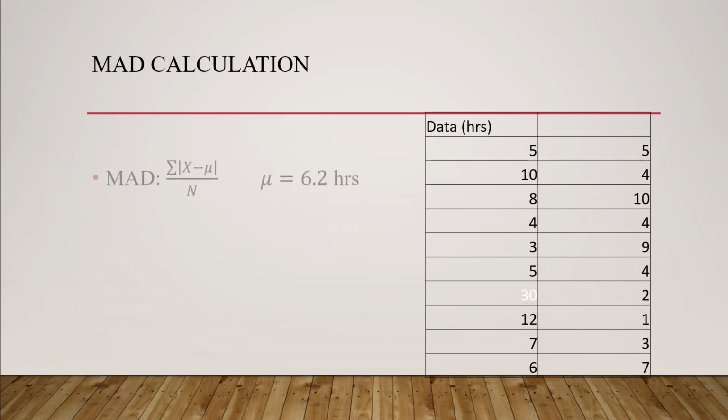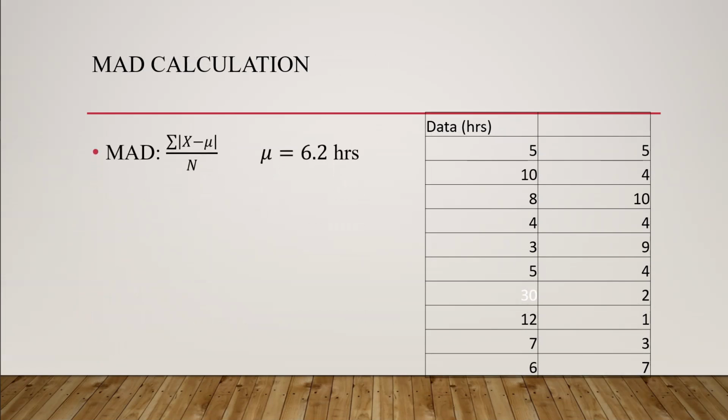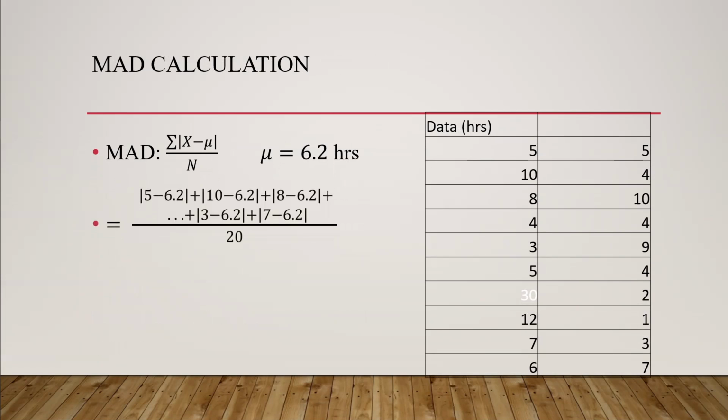I did the same thing to the MAD. I calculated it the same way: the summation of your data points minus your mu, absolute value, divided by your total number of data points. So 5 minus 6.2 all the way up to the last data point, 7 minus 6.2. I ended up with a value of 3.74 hours.